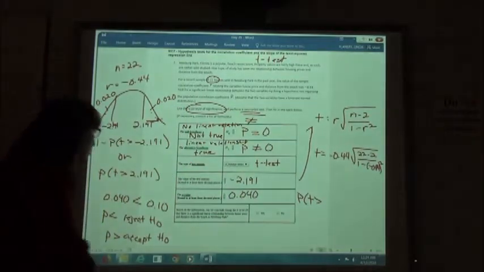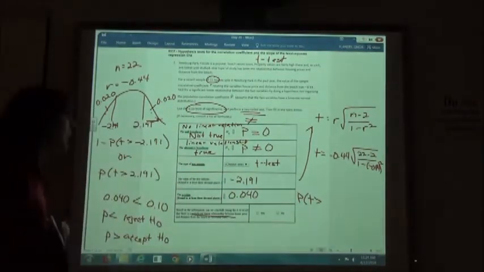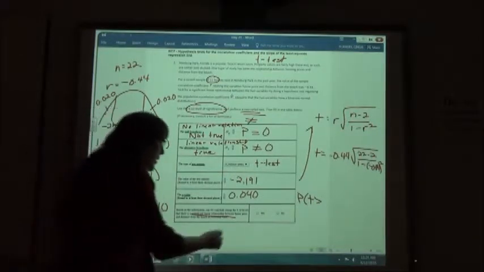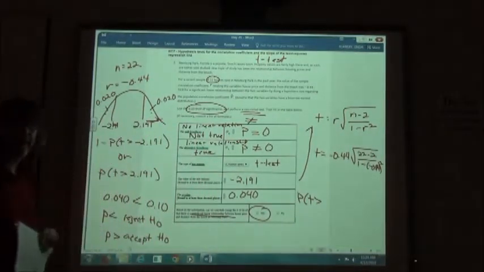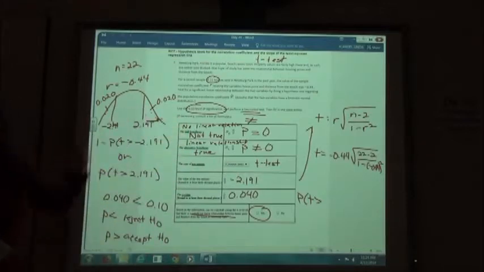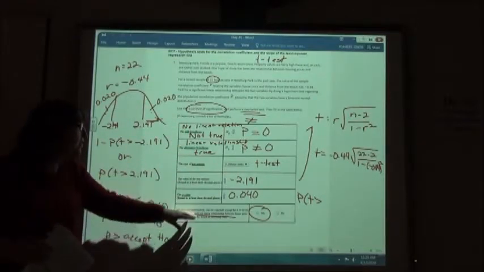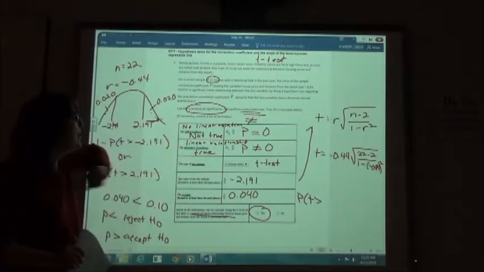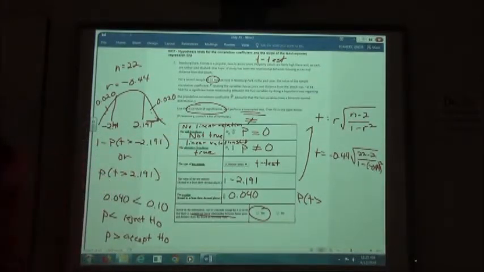So can we conclude there is a linear relationship? Yes, because the alternative statement is true. We can conclude that, yes. So it's a little easier to think about than when we had to test all those numbers and had greater thans and less thans. If the null is true, there's no linear relationship, and if the alternative is true, then there is a linear relationship.